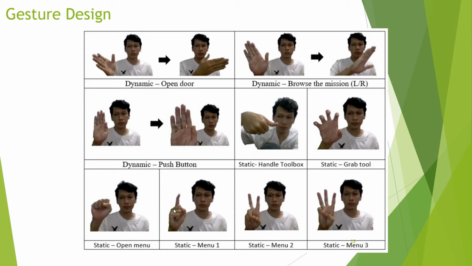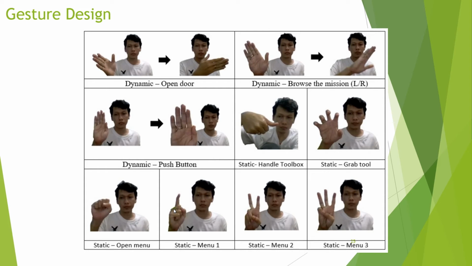Here is the gesture design. Gesture 1 is a dynamic gesture, the open door action. Gesture 2 is also a dynamic gesture, approach the mission. Gesture 3 is a dynamic gesture, push button.